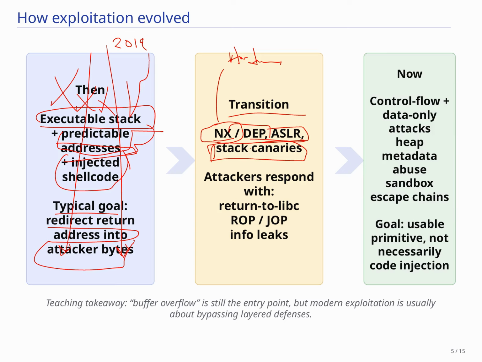But the attackers try to find ways by return-to-libc, ROP, and JOP, info leaks, which we will not go into the details of here. But the current trend is now control flow plus data-only attacks.